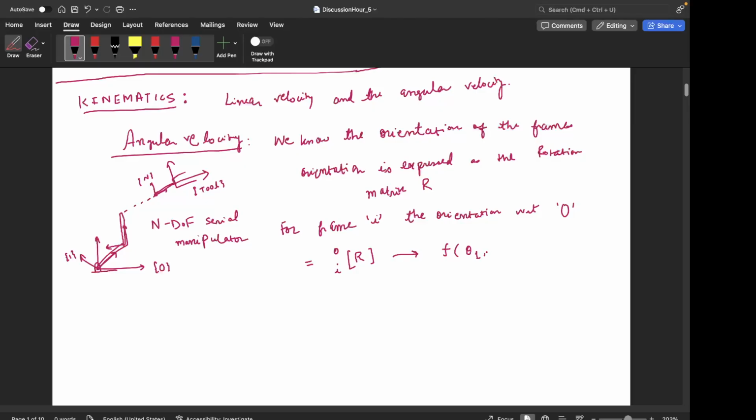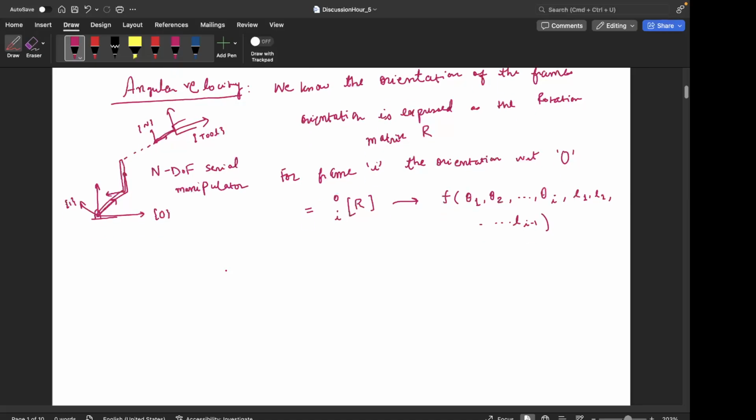So it would contain terms having cosines and sines of theta 1, theta 2, up to theta i, and also of course the link lengths L1, L2, up to L i minus 1. So it would depend on these quantities, right?